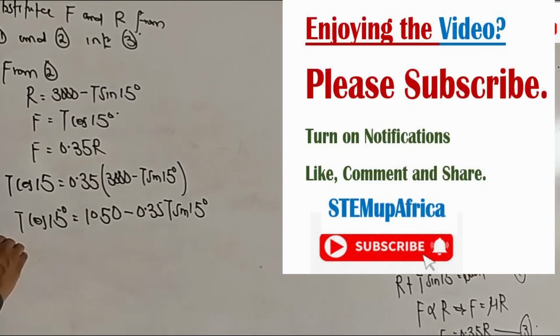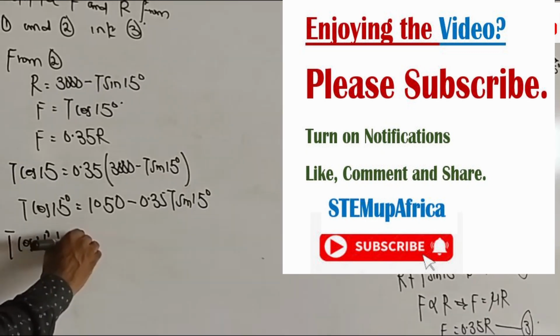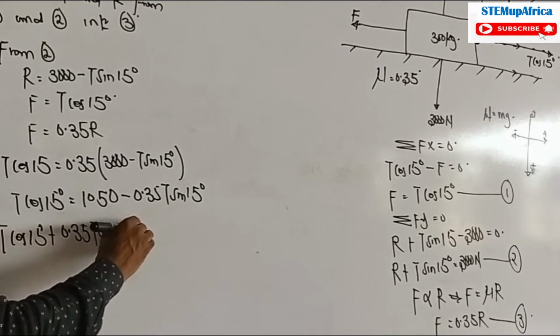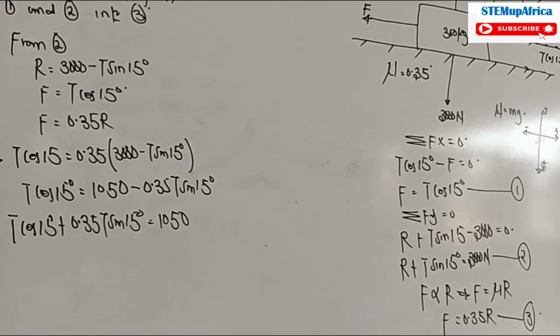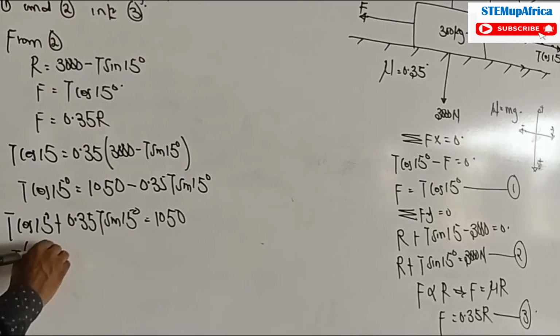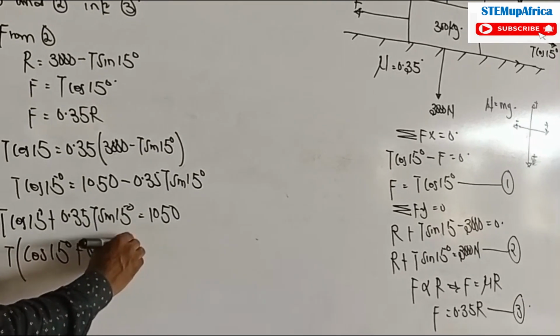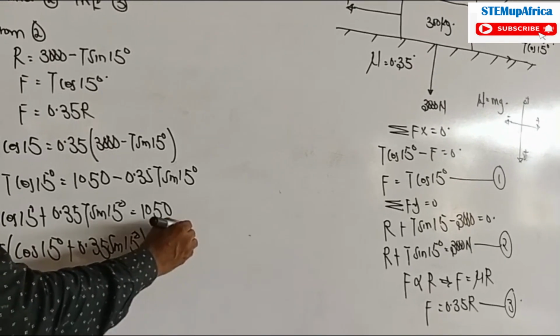I'm having T cos 15 degrees plus 0.35 T sine 15 degrees equals 1050. What is common on the left hand side is T. So I'm having T into cos 15 degrees plus 0.35 sine 15 degrees equals 1050.